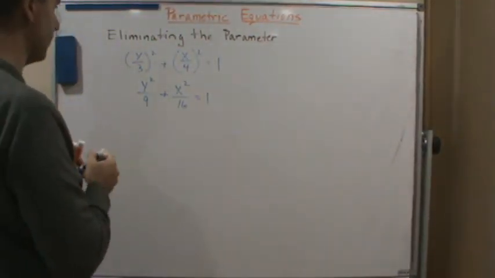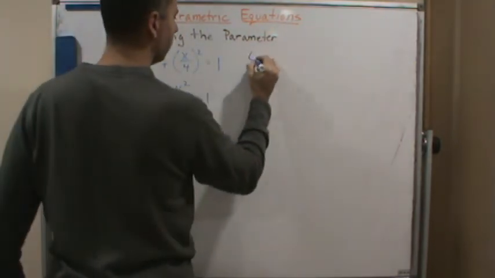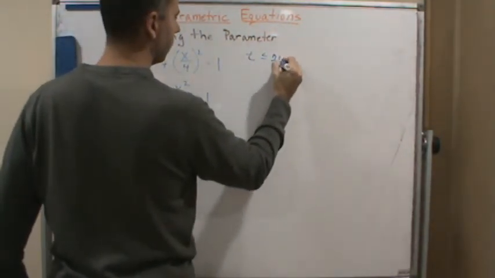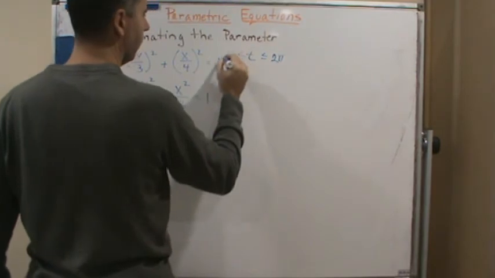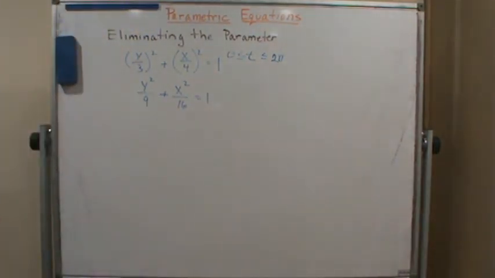And remember, t goes from 0 to 2 pi. Okay, and remember the equation for x was 4 cosine t.